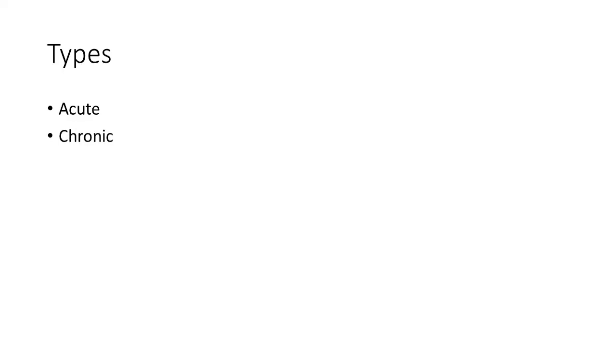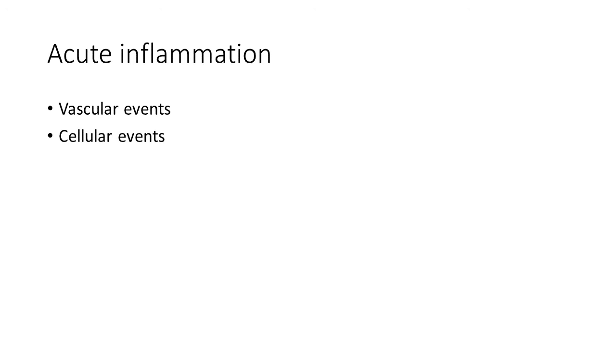Okay, coming to the types of inflammation, there are 2: acute and chronic. Acute inflammation is of short duration, usually less than 2 weeks. It is the early response of the body to the injury, usually resolves very quickly and followed by healing.